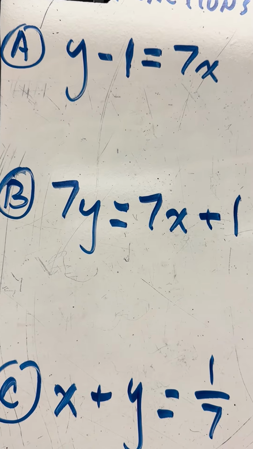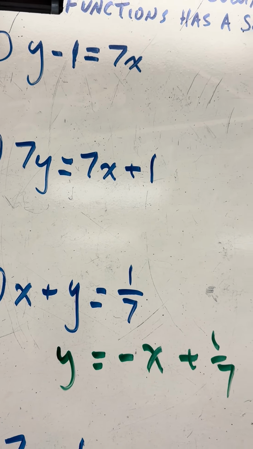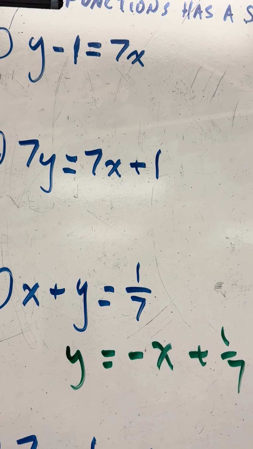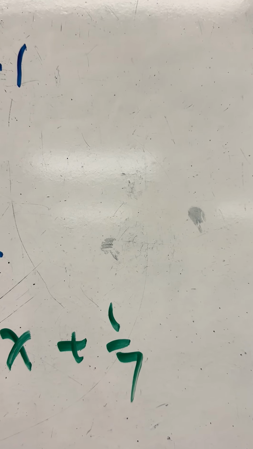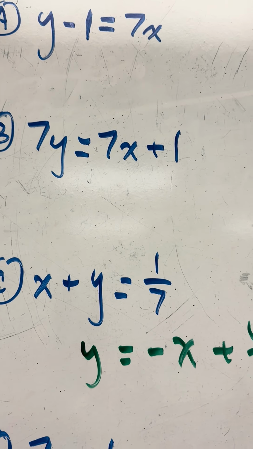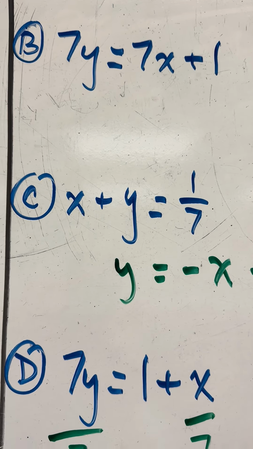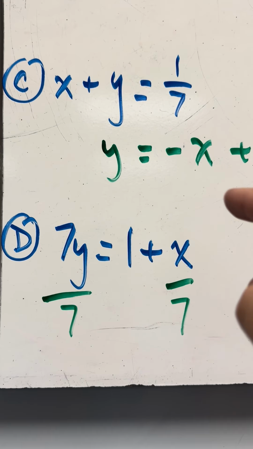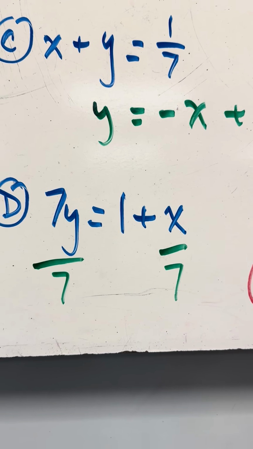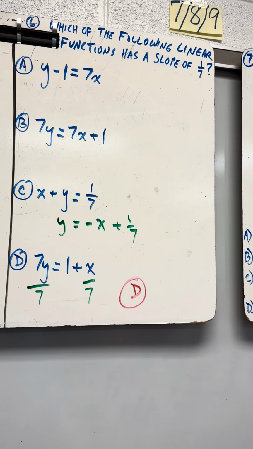Here, all right, if I have y equals negative x plus 1/7, the slope is just negative 1 over 1. This 1/7 is just trying to throw you off. Don't let it throw you off. This is not a slope of 1/7. Here, if I divide by 7, notice that slope is 1/7 because the number next to the x is 1. Answer is D. Okay.